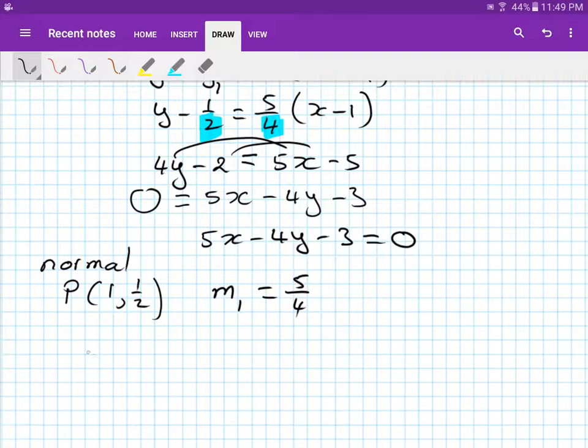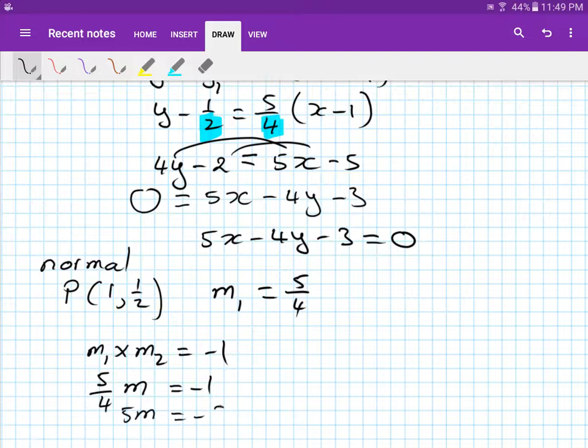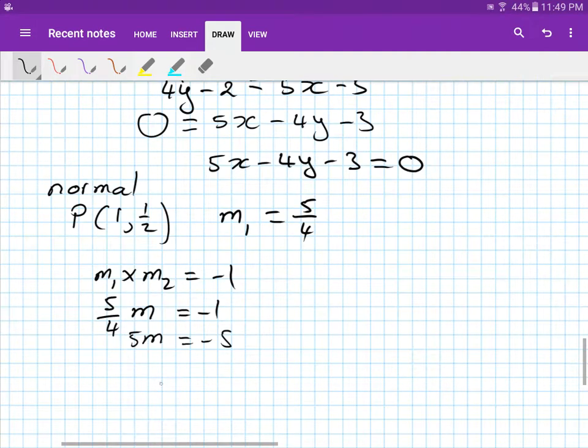Now remember, m1 times m2 is minus 1 for the normal. So with m1 as 5 over 4, I substitute in, so I times by 4, so 5m is minus 4, my apologies, because it's times by 4. Then m equals, dividing by 5 both sides, minus 4 over 5.